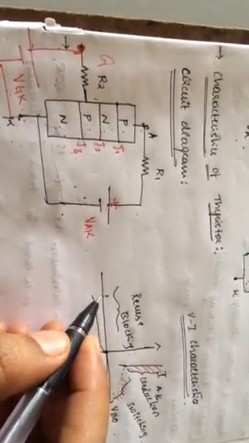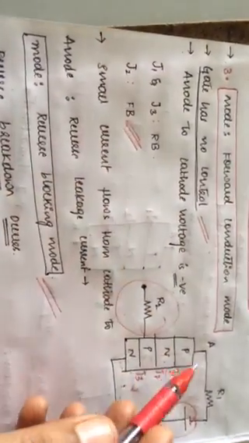Now when we keep on increasing this anode to cathode voltage, at one particular point the junction J2, which is in between J1 and J3, is going to break down, and then a large amount of current is going to flow, and that is called the reverse breakover voltage.